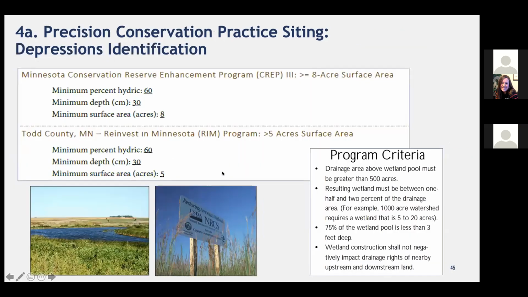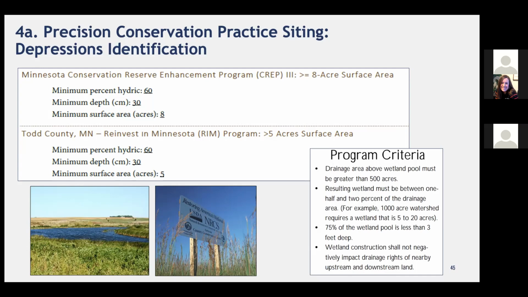I talked a little bit 2 slides ago about why it's important to consider some of those minimum values for percent hydric, depth, and surface area. These are 2 examples from Minnesota. So for example, for the Conservation Reserve Enhancement Program, some of the key requirements include a minimum percent hydric soil of 60%, a minimum depth of 30 centimeters, and a minimum surface area of 8 acres.